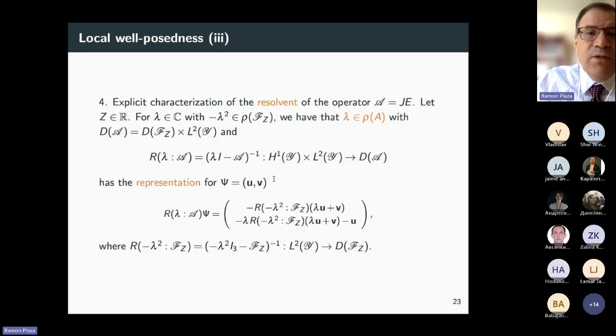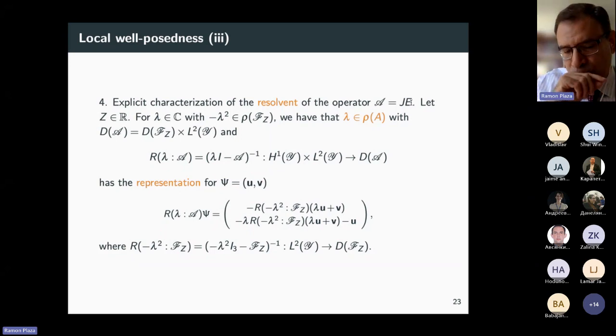Next, you need an explicit characterization of the resolvent of the operator J times E. I didn't write down the explicit form of the resolvent, but these explicit analytic expressions are needed in order to obtain this representation of the resolvent operator in terms of the resolvent of Fz.